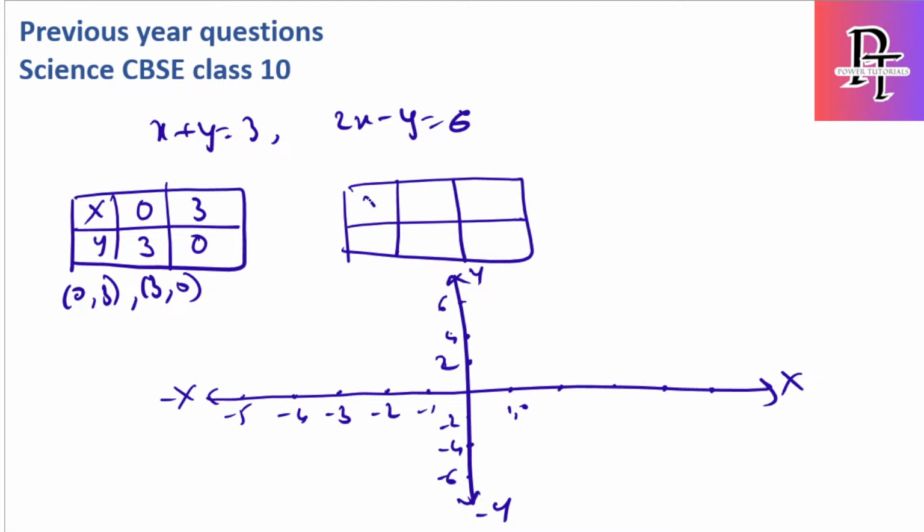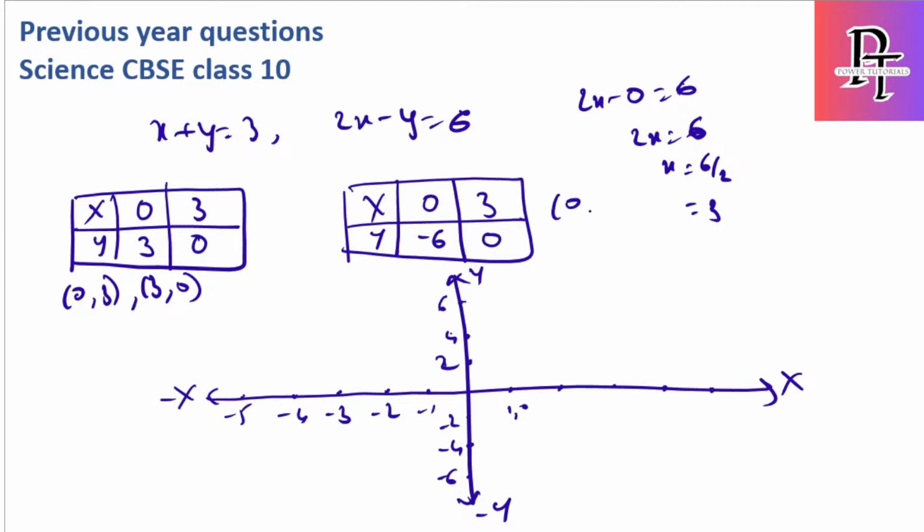In the same way, for the second equation, I take x as 0, I will get y as minus 6. Now y as 0, it becomes 2x minus 0 is equal to 6. So 2x is equal to 6, x is equal to 6 by 2, which is 3. So we got the 2 points here.